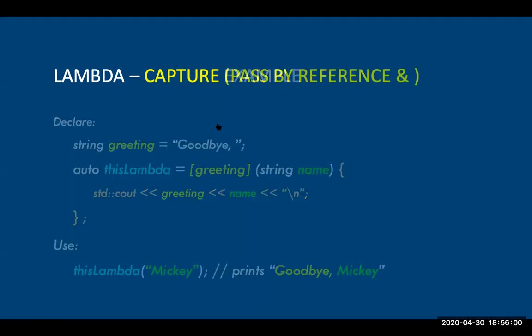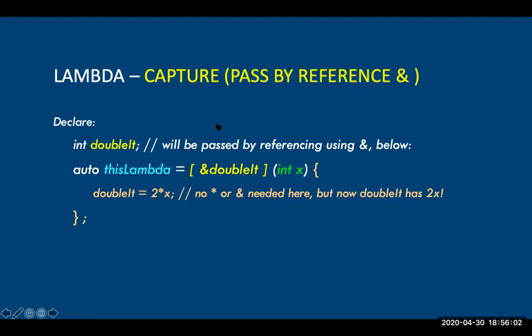And we can do it by reference. This is where things get really crazy. So in my capture, even though the value that's passed into the lambda is captured and frozen, if I put a reference in front of the capture, it's actually going to allow the lambda to modify that value at any time if it chooses to.